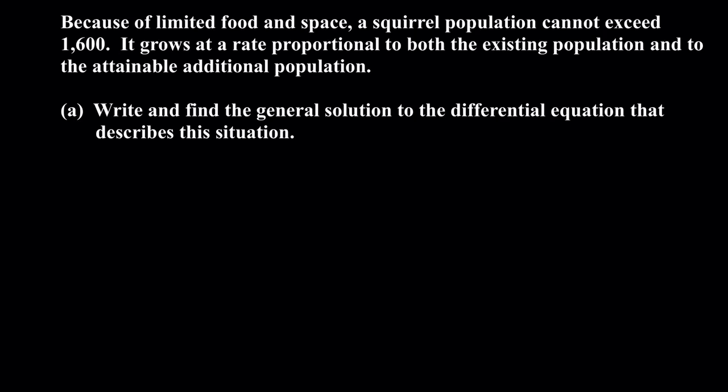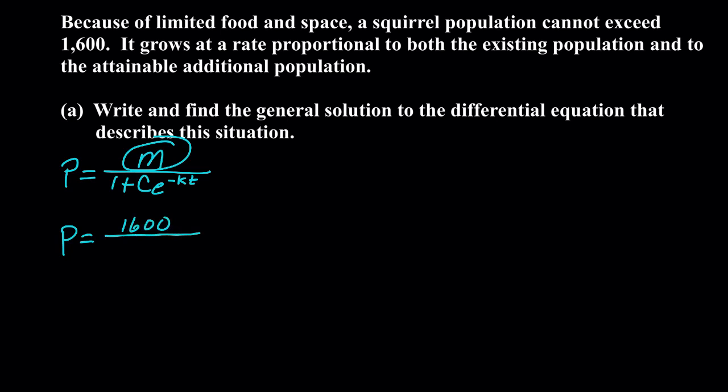All right, so recall the general solution is going to be P equals M over 1 plus C e raised to the negative KT. And so we know that M represents your carrying capacity, which in this case is going to be 1,600 squirrels.